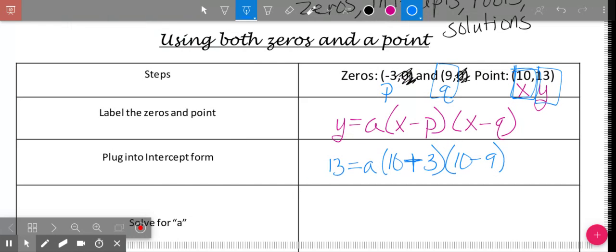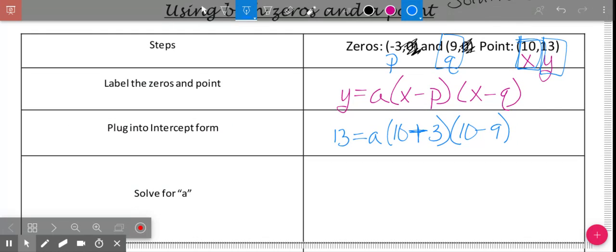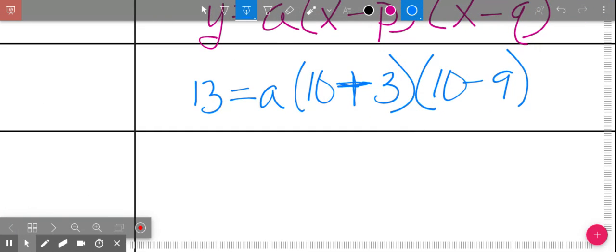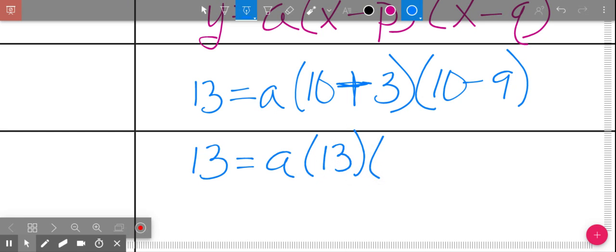All right, so we've labeled everything and we substituted everything in. Now we just have to solve for a. Just like when we were working with vertex form, we solved for a, so we have to solve for a here. So we can't simplify 13 equals a. 10 plus 3 gives me 13, and then 10 minus 9 gives me 1.